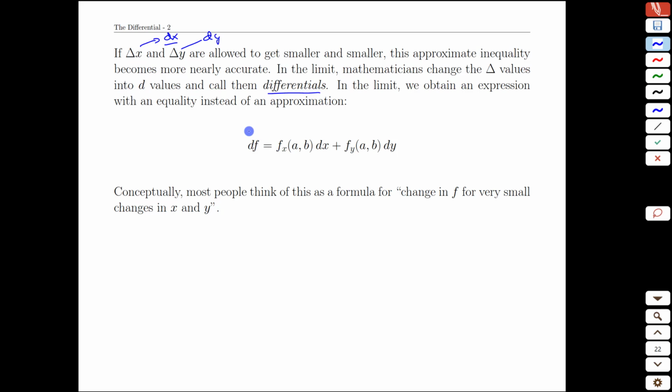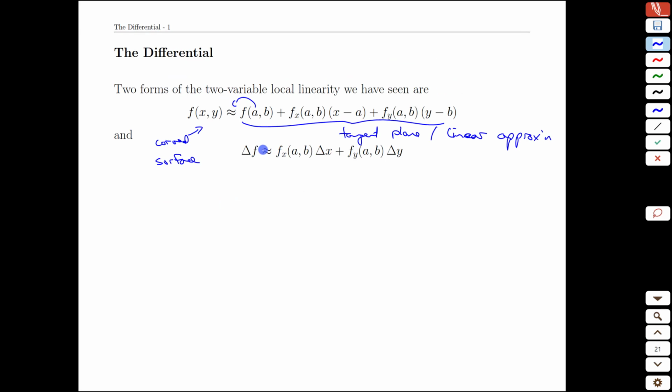When we do that, we would also get our delta f turning into what we'd call df in this differential notation. And in principle anyway, if these were infinitesimally small, this relationship would become an equal sign, whereas on the last page, it was an approximation.